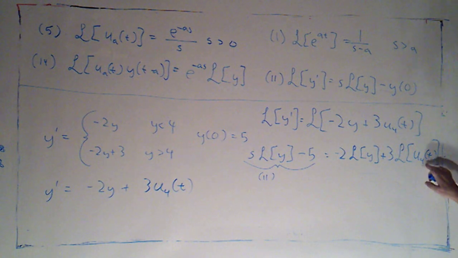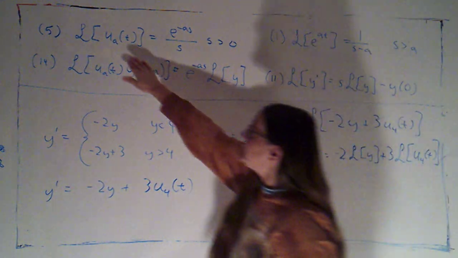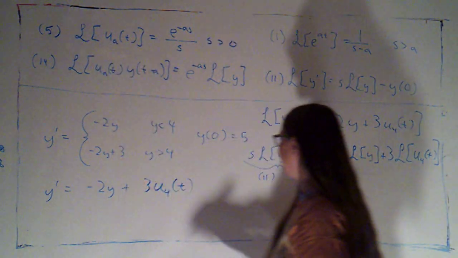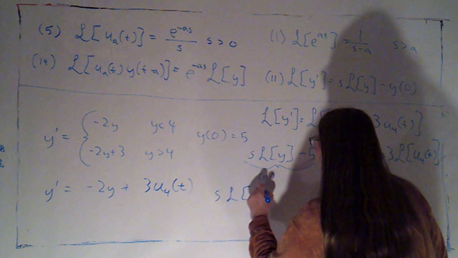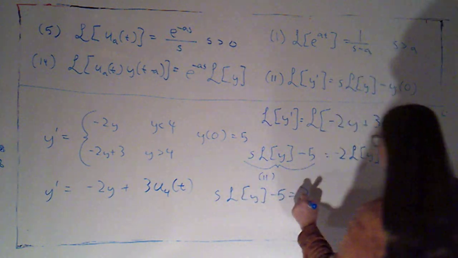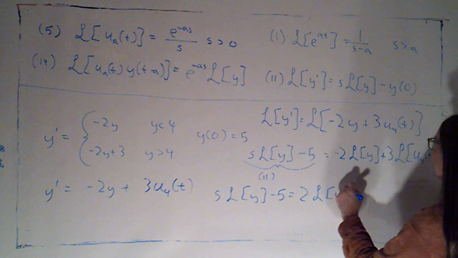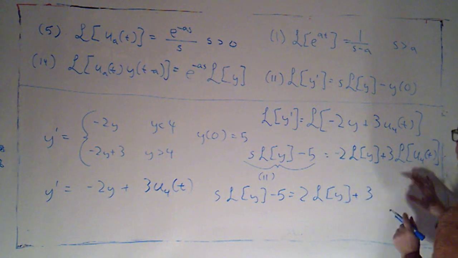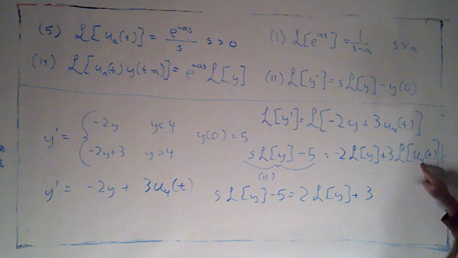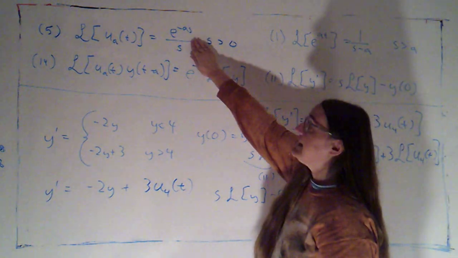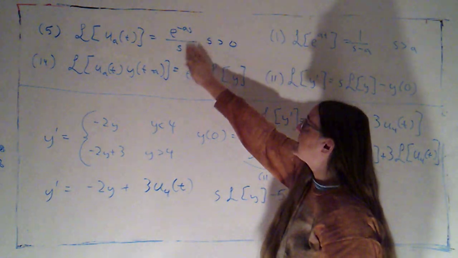All right, now I'm taking the Laplace transform of the Heaviside function. That was formula 5 up here. So I can say s times the Laplace transform of y minus 5 is negative 2 times the Laplace transform of y plus 3 times, now here my a is 4, so I'm going to get e to the negative 4s over s.